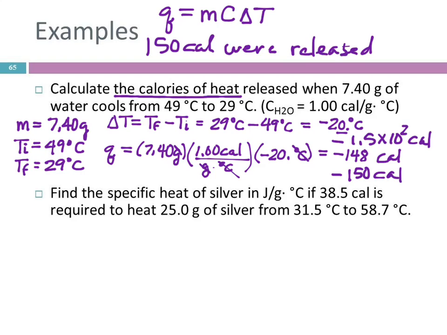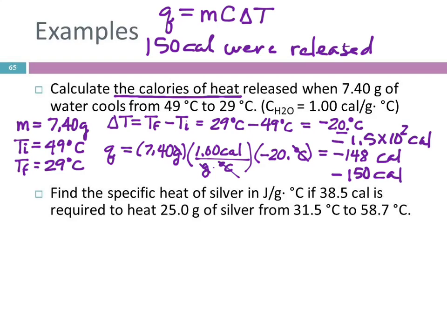So if we come across something like the second question, that's when we actually get the specific numbers, and that's a specific thing. Some of them are going to, if this one said calculate Q when 7.40 grams, then we would just say Q equals minus 150.